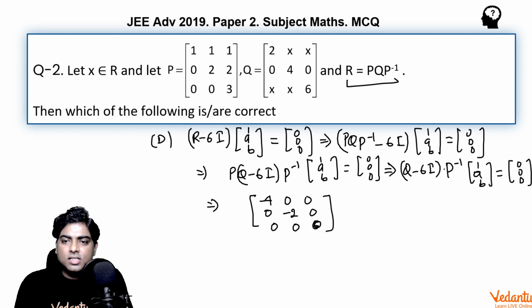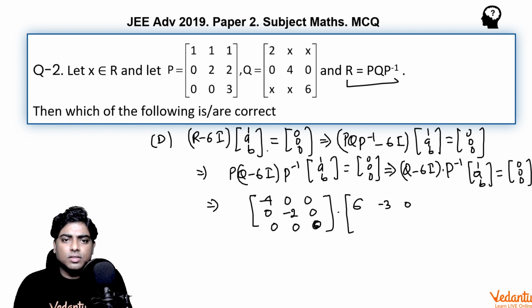And P inverse actually is what? P is given, it's very easy to find P inverse, and P inverse is adjoint P upon determinant P. Determinant P is 6, however we can ignore the determinant because the right hand side is a null matrix. So I am writing just adjoint of P here, and that would be, for the very first element 1, it is 6. For the next element it is minus 3, and for this it is 0.